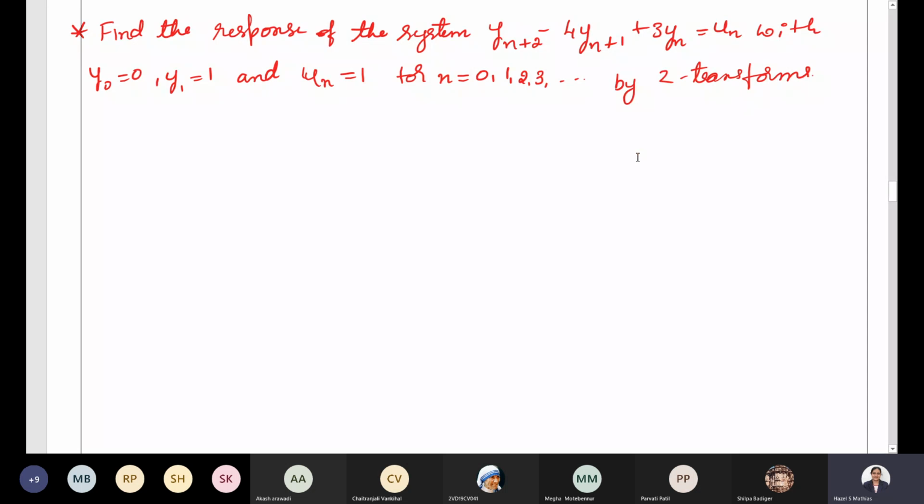So what is it saying? We need to find the response of the system y(n+2) minus 4 times y(n+1) plus 3 times y(n) equal to u(n), with the conditions y(0) is 0, y(1) equal to 1, and u(n) equal to 1 for all the positive integers, using the method of Z transforms. So this is the given equation.